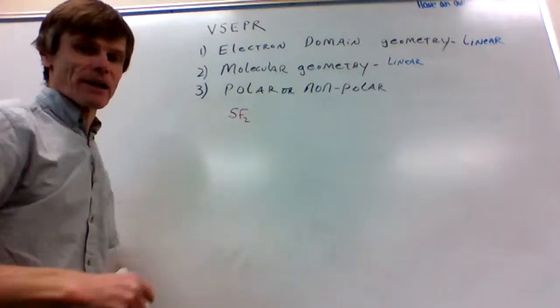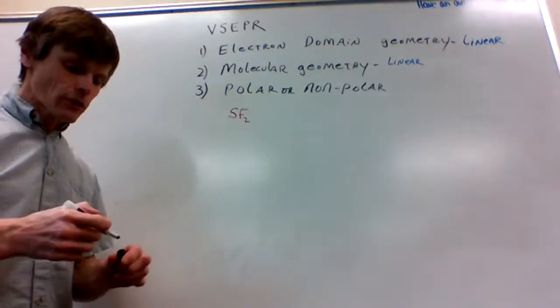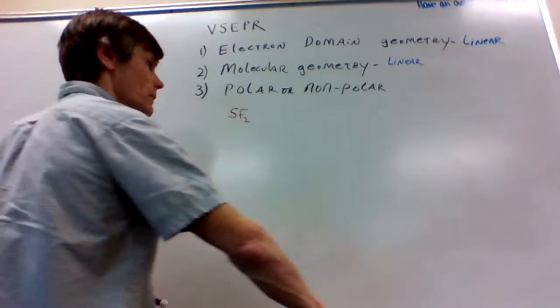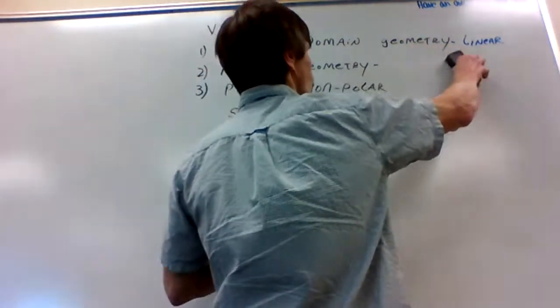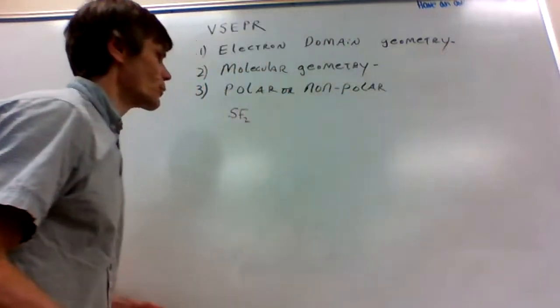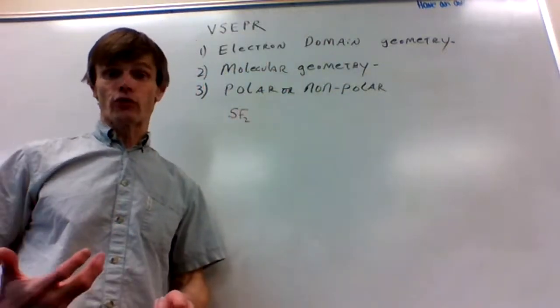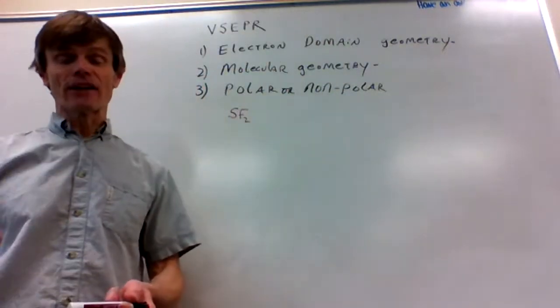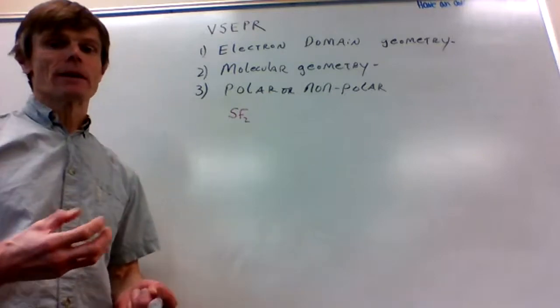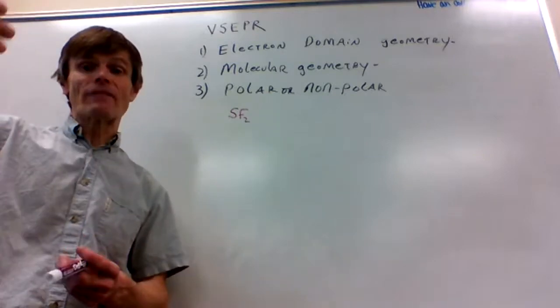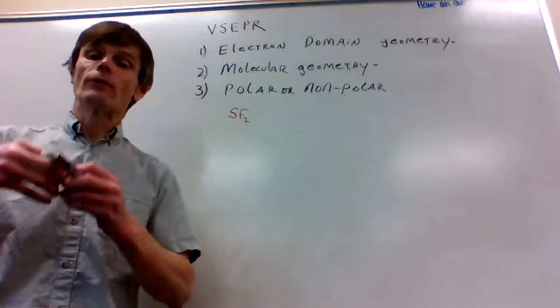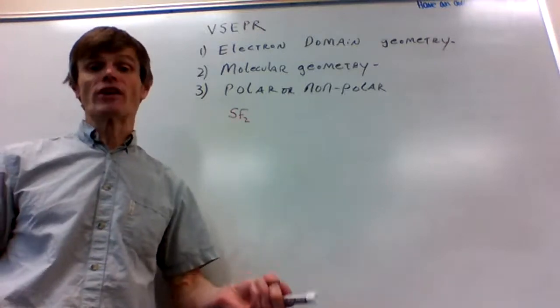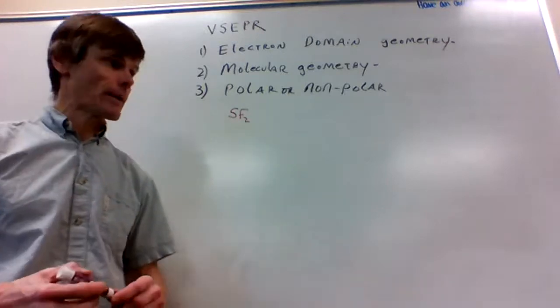One atom surrounded by two others, but the way to think about it in terms of describing it, we would have to go through writing a Lewis structure, assigning an electron domain geometry, and then seeing how we would derive a molecular geometry from our electron domain geometry. Let's go through those steps.